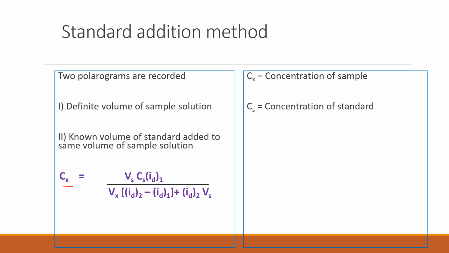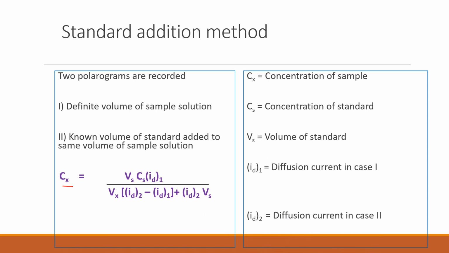Cx is the concentration of the sample. Cs is the concentration of the standard which is added in the second case. Vs is the volume of the same standard which is added. ID1 is the diffusion current obtained in the first case when the polarogram is recorded for a known volume of the sample.